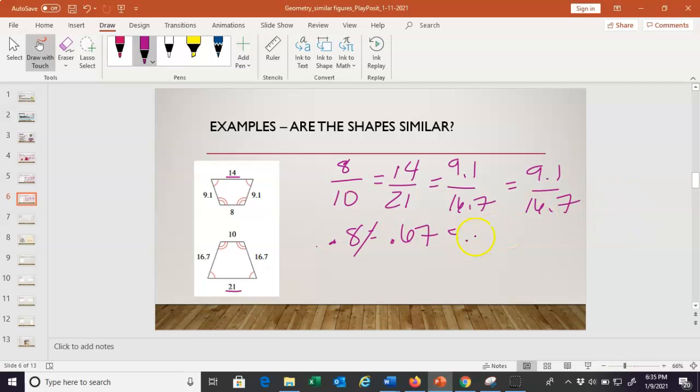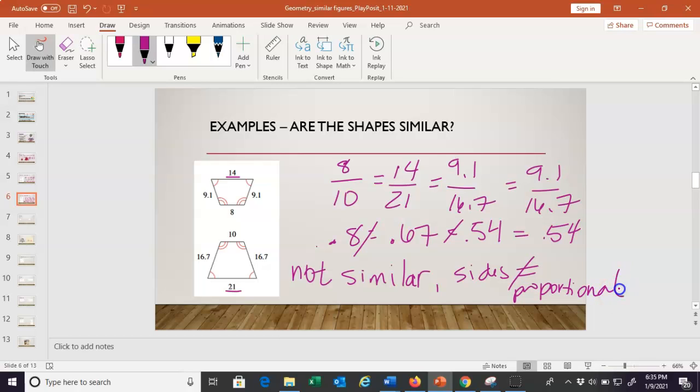And these are both 0.54. So no, they are not similar because the sides are not proportional. Sides are not proportional.